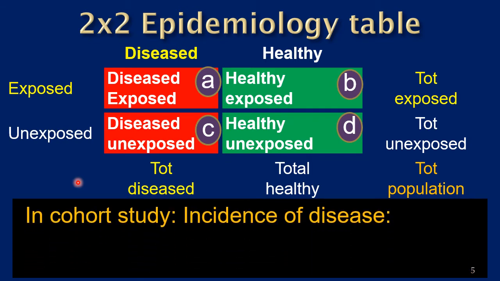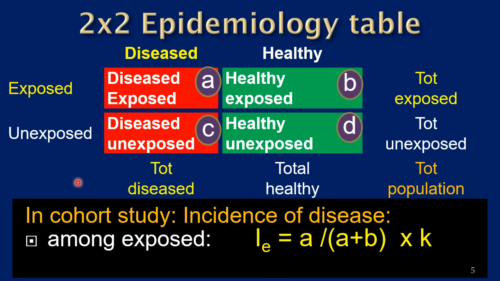In cohort studies, as you have studied, we can measure the incidence of disease through the following formula, where the incidence equals number of new cases of disease divided by population at risk multiplied by a constant.